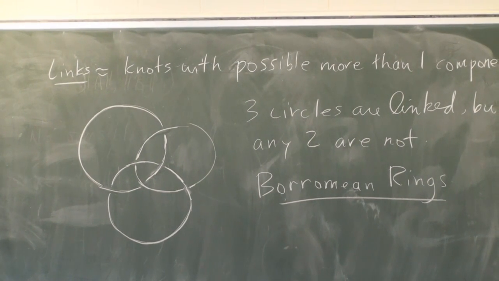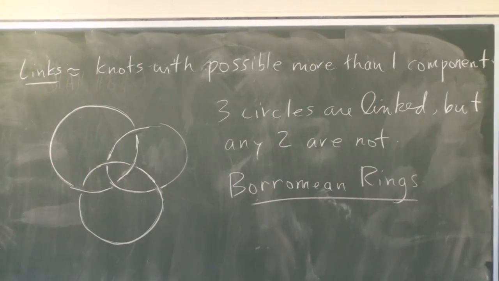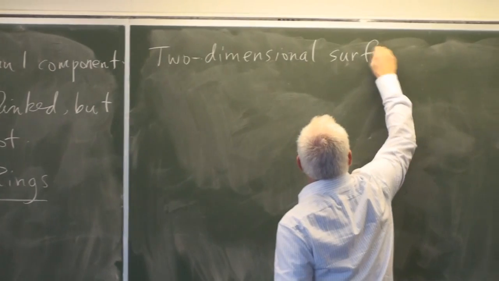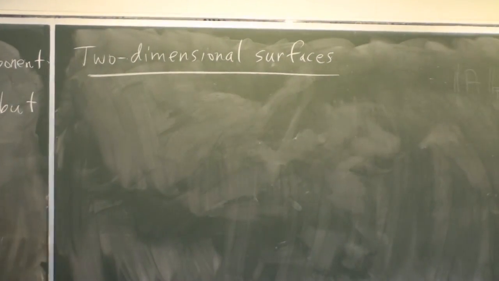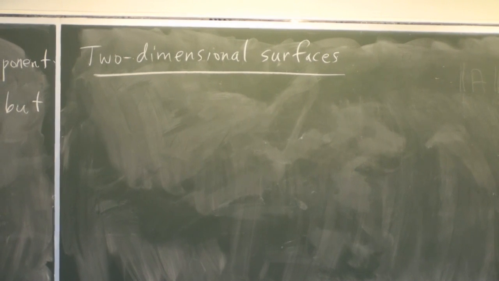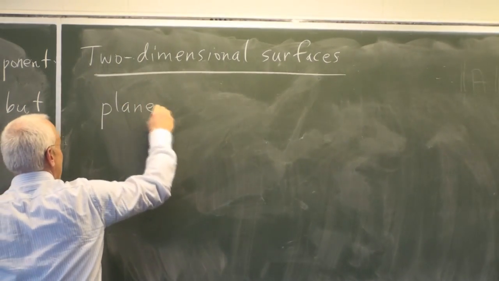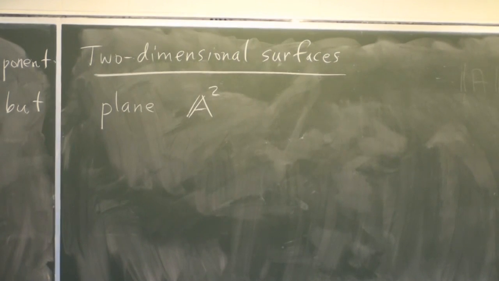All right, so now we're going to move to two-dimensional surfaces. And we'll be saying quite a lot about this rather rich subject. And let's start off with the simplest example of a two-dimensional surface, which is the plane. The plane we can think of as A2, so I won't write R2.